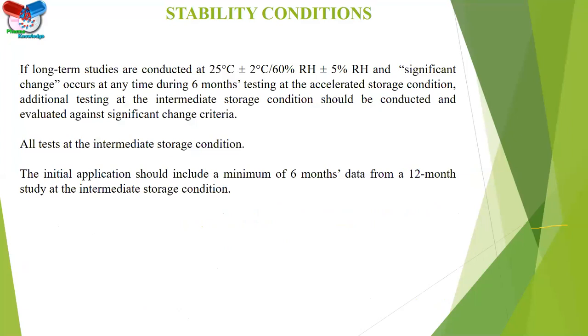All tests at the intermediate storage condition should be considered, as we use in real time and accelerated conditions. The initial application should include a minimum of 6 months data from the 12-month study at the intermediate storage condition. For the intermediate, there is a requirement of 6 months and up to 12 months.